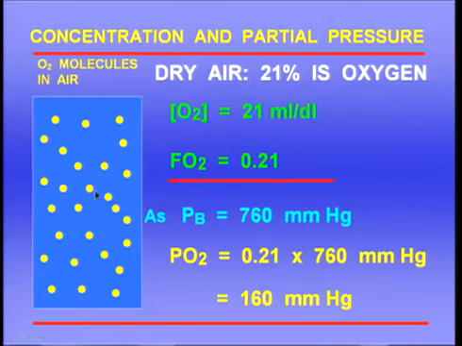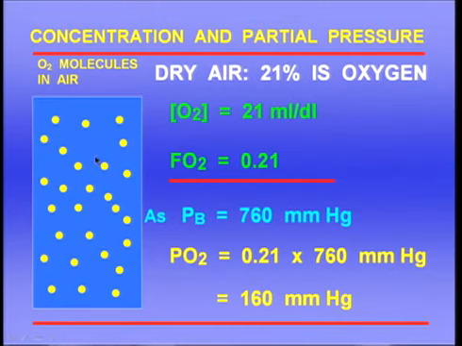And I'm going to start by looking at some of the important concepts having to do with the gases, the concentrations, partial pressures, and so on. Here we have a sample of dry air at sea level, and the concentration of oxygen is 21%.